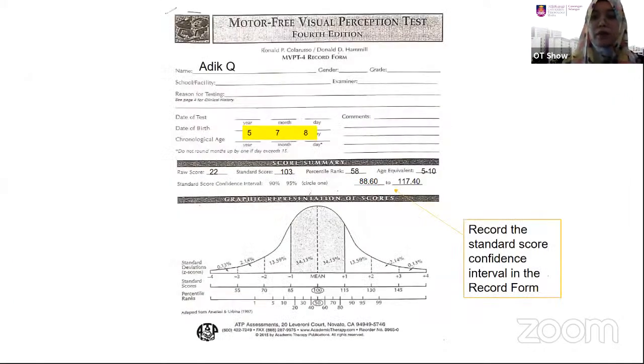Alright, dah dapat tu kita kena recordkan di record form. Jangan lupa ni, kena kirakan. Okay, kat sini standard score confident interval kita kena circle lah yang mana satu kita guna supaya next bila kita nak reassess kita tak adalah pilih yang lebih tinggi confident interval ke ataupun lebih rendah confident interval. Kita nak dia sama supaya dia valid lah.